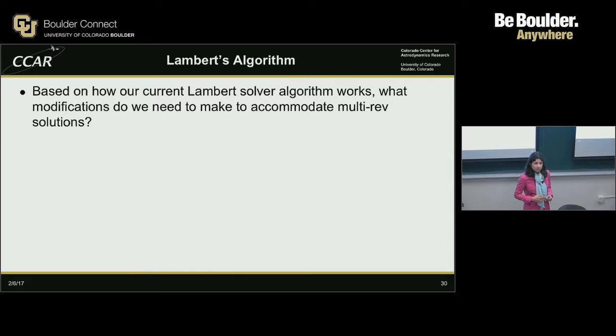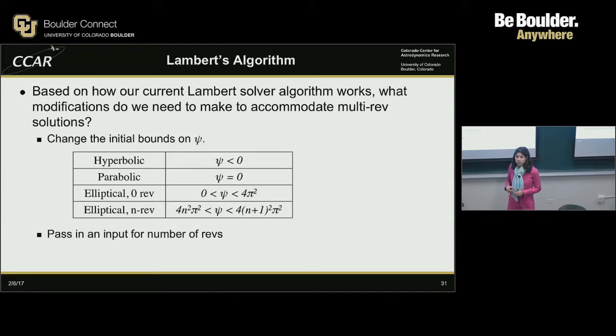We have to tell it how many revs we want it to look for. Yep, we probably need to tell it how many revs we want it to look for. So we want to change our initial bounds on psi and then pass in an input for the number of revs. Does anyone remember what the curve looked like for multiple revs?